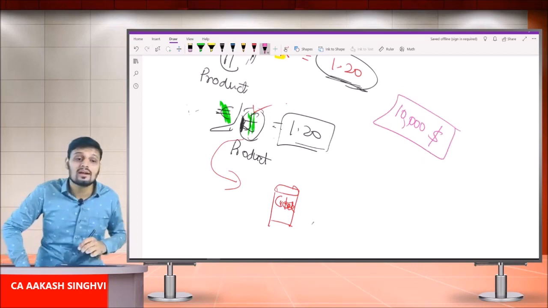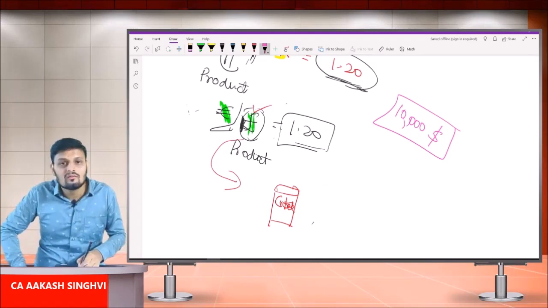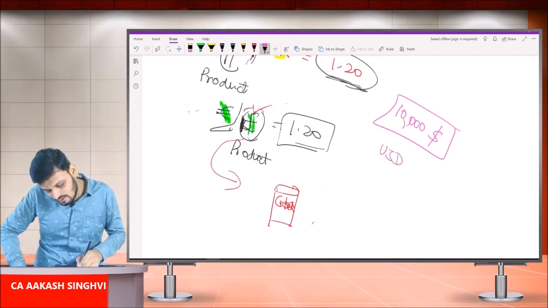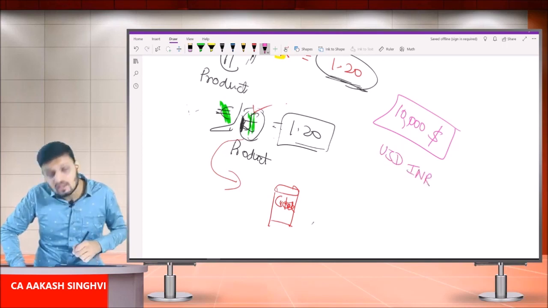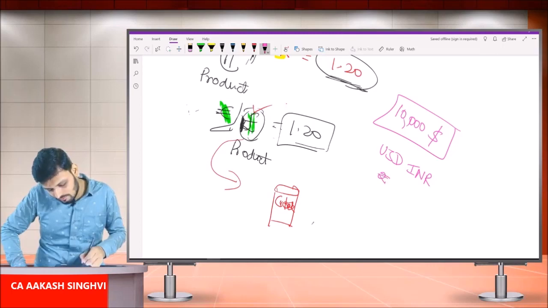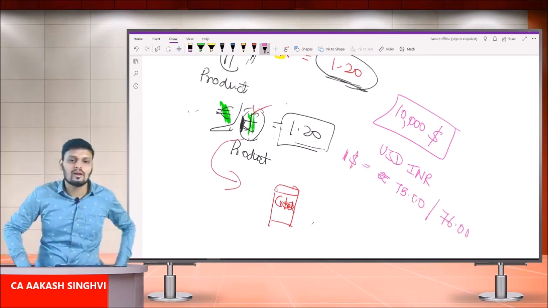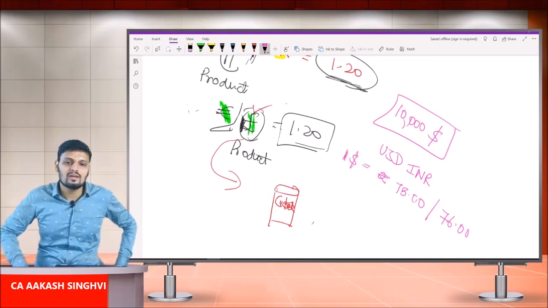Western Union will tell you USD/INR if they are giving an ISO code, or they will tell you rupee 75.00/76.00 for $1, that is, $1 equals rupee 75.00 slash 76.